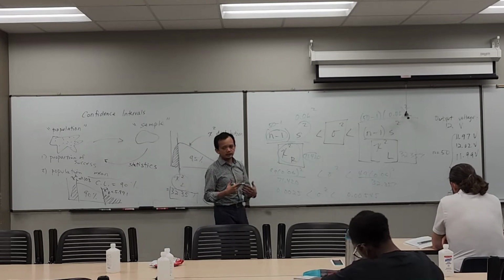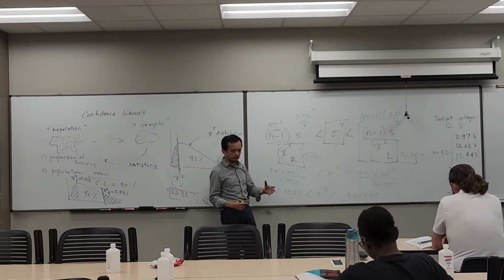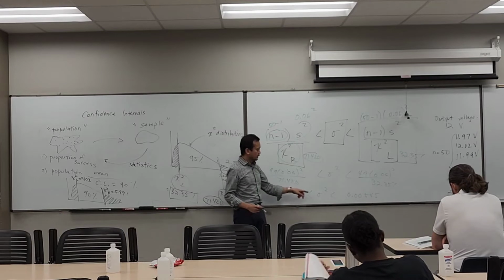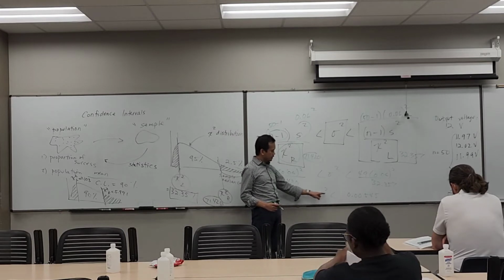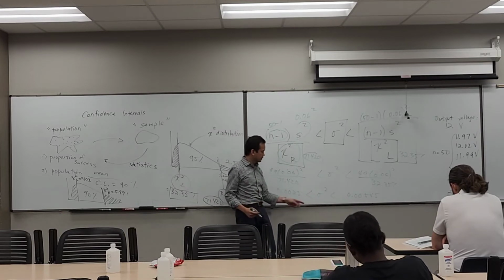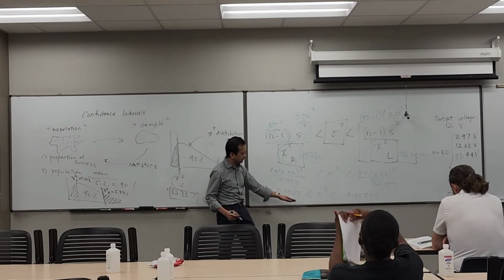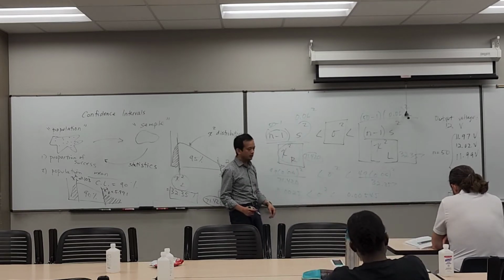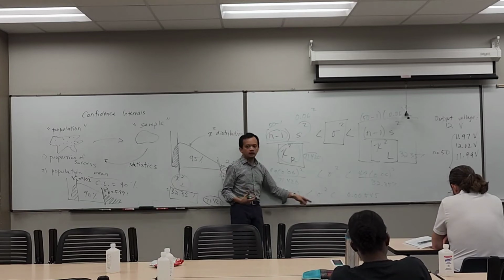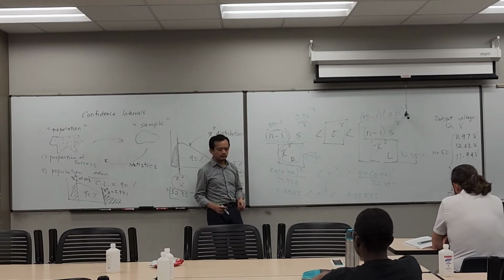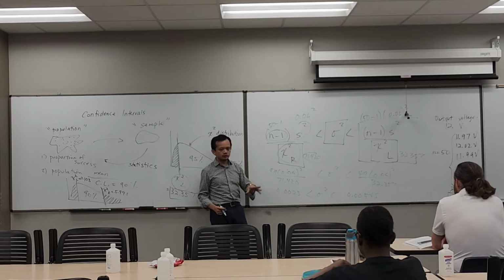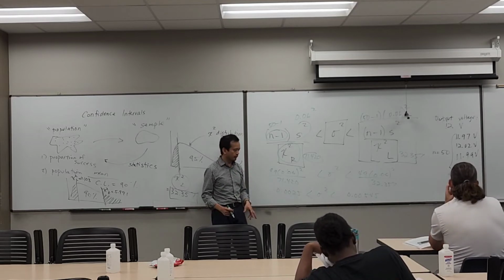So what this is saying is that the true population standard deviation of all devices in the factory, that standard deviation squared, or the variance, will be between these two numbers, which is 0.0025 and 0.00545. But this is the true variance of all devices in the factory. But what if we just wanted the true standard deviation and not the true variance?